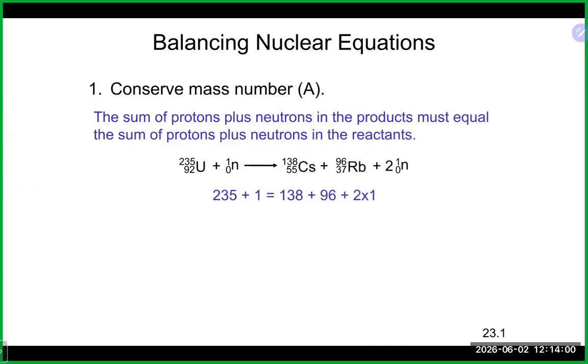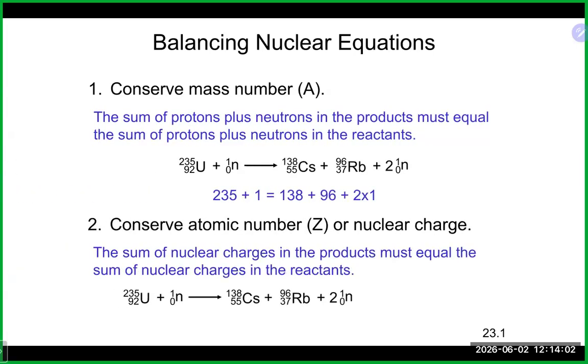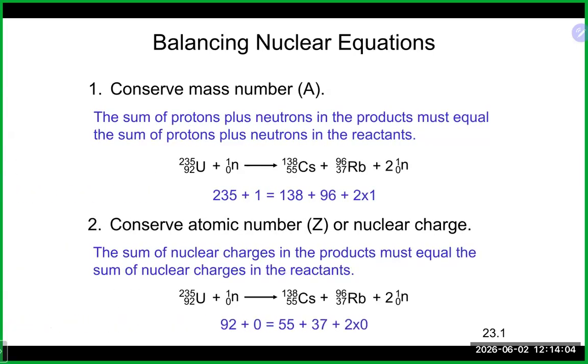Basically, to have a balanced nuclear equation, there are two things that you have to make sure of. When you add up all the mass numbers, which are on top on the left-hand side, they need to equal the exact same mass numbers on the right-hand side. So if we do a little addition here, that's 236 total. We got 138 and 96 and 2, which also equals 236 on the right-hand side.